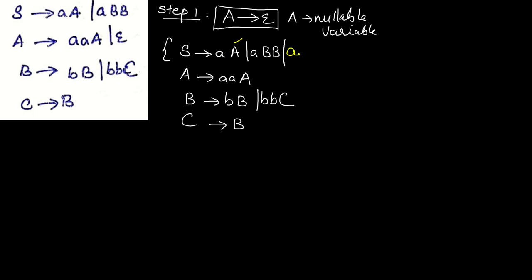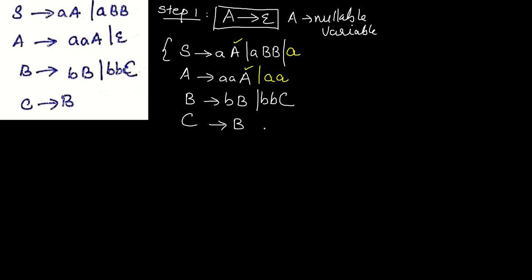So I will get A epsilon, but epsilon has no meaning in the string, so I removed epsilon. Then here we have another A. Again there I substituted epsilon, so I will get A. In the other productions there is no nullable variable.